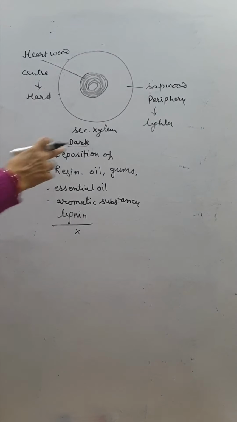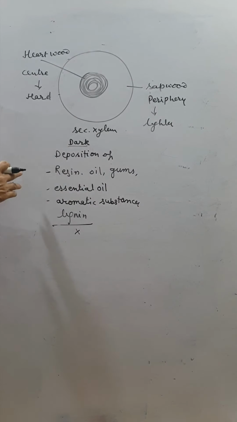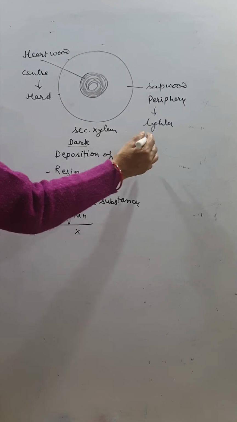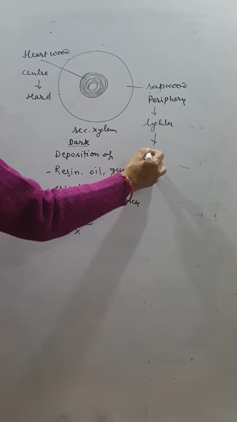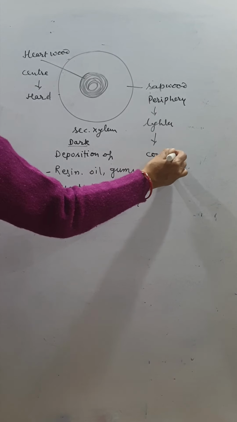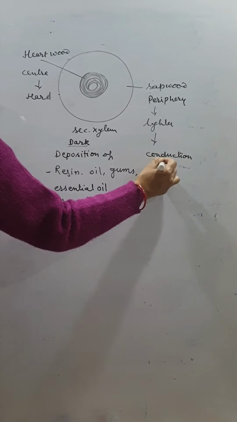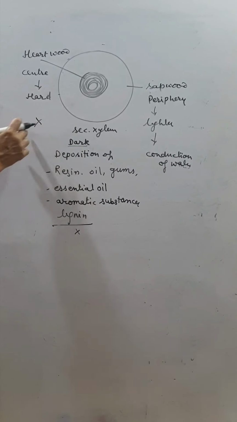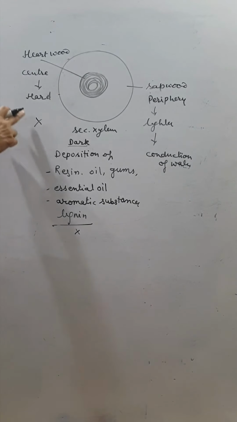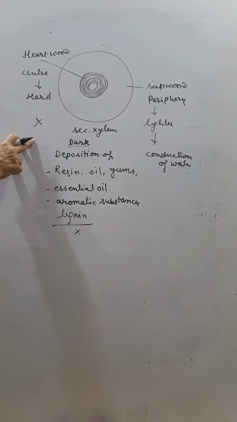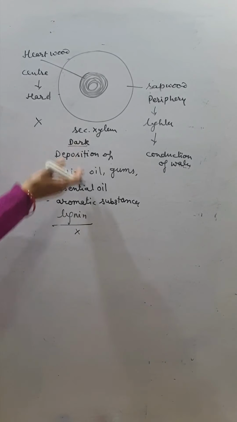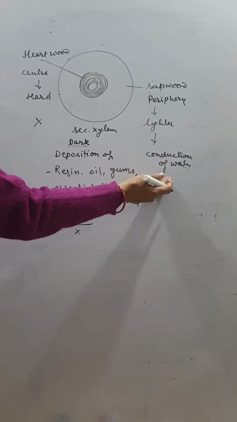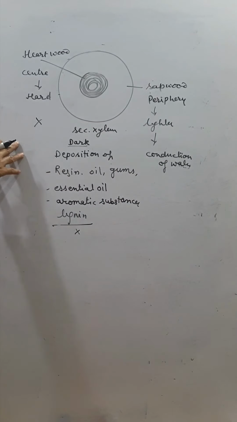The sapwood helps in the conduction of water, but the hardwood does not help in the conduction of water from the root to the leaf. It does not conduct because it is dead tissue, and the sapwood helps in conduction of water.